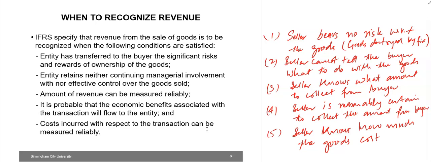Previously, IFRS used to specify similar criteria for recognizing revenue for the rendering of services. However, changes have been made to revenue recognition in the converged standards issued in May 2014 by the International Accounting Standards Board and the Financial Accounting Standards Board.